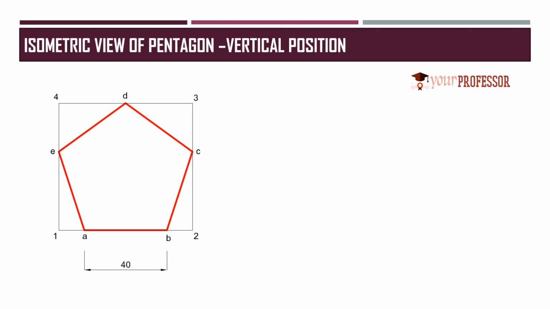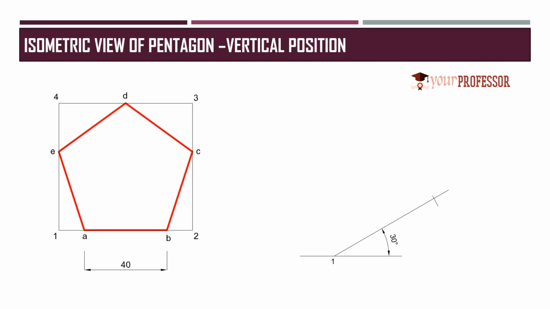Now let's start the isometric view of pentagon in vertical position. Consider a horizontal line. Let's start with point 1. Draw a line which is at an inclination of 30 degrees. First we need to construct the isometric view of rectangle 1, 2, 3, 4. Later we can reflect the points.